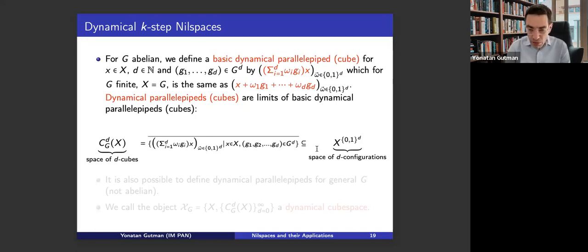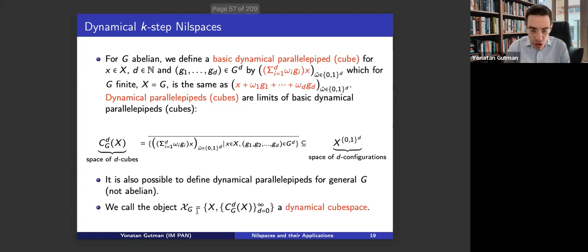And without giving the details, it's important to note that you can also define the dynamical cubes for general G, not abelian. In that case, you need a different definition, of course, but it's possible. And we call this object (X, C_G^d), where d goes from 0 to infinity. When d is 0, this is the one-point space. For d bigger than 0, we have given the definition. And we call this a dynamical cube space.